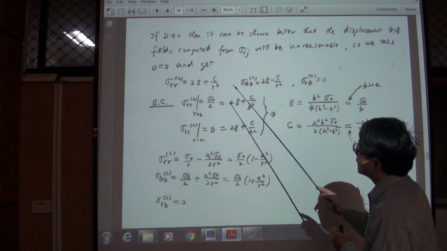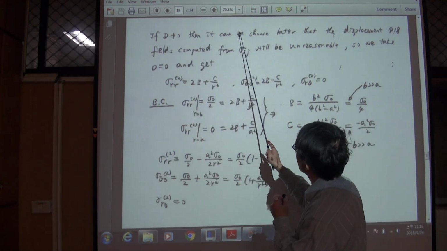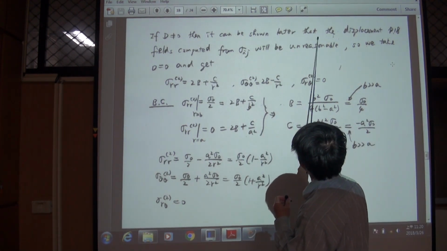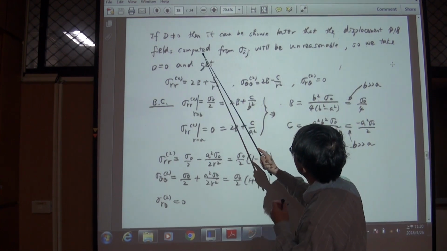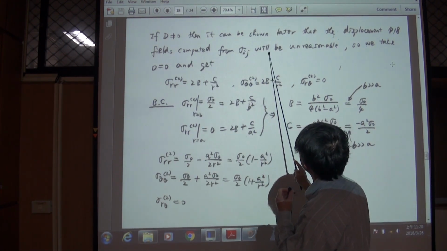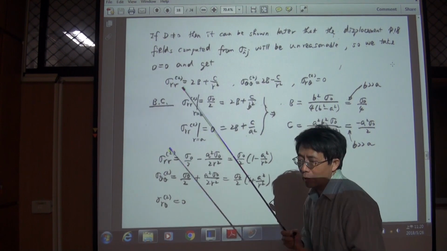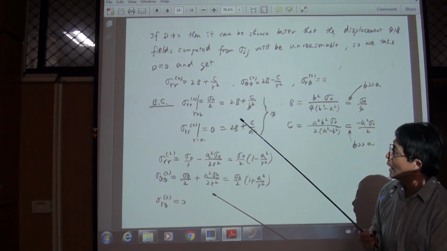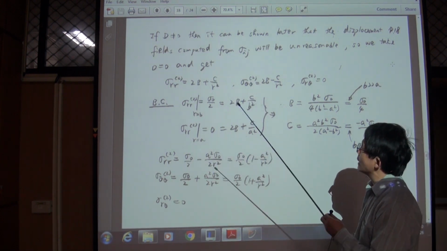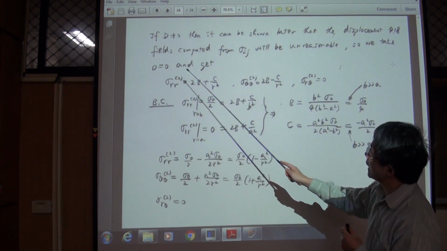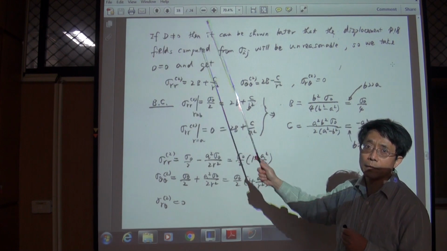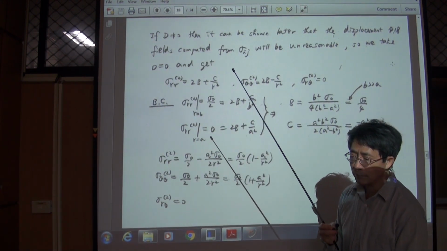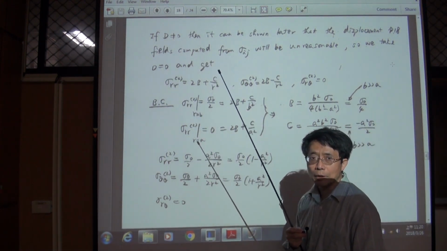We say that if D not equals 0, then it can be shown later that the displacement field computed from the stress field will be unreasonable. Okay, we will do such reasoning later. So in this way, we understand that D must equal 0, in order to have a reasonable result for the displacement.